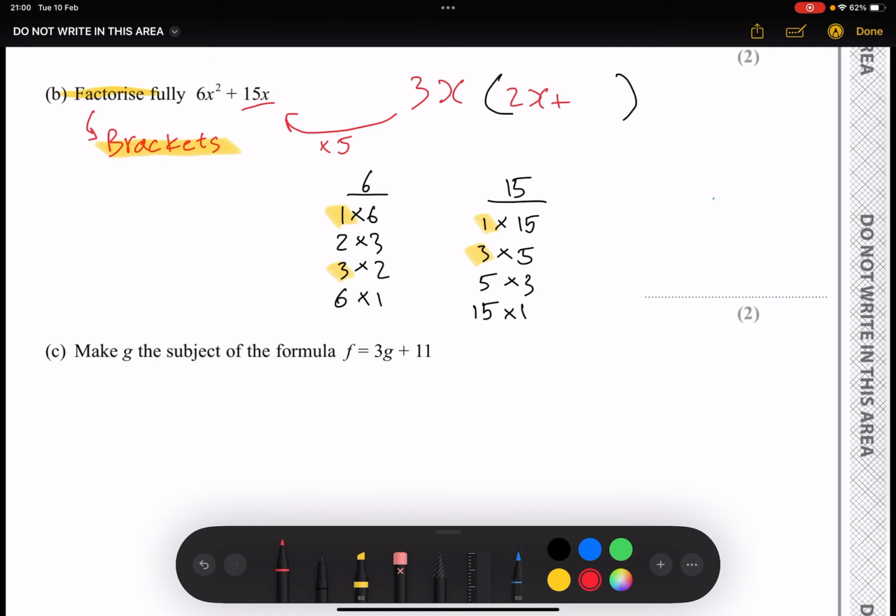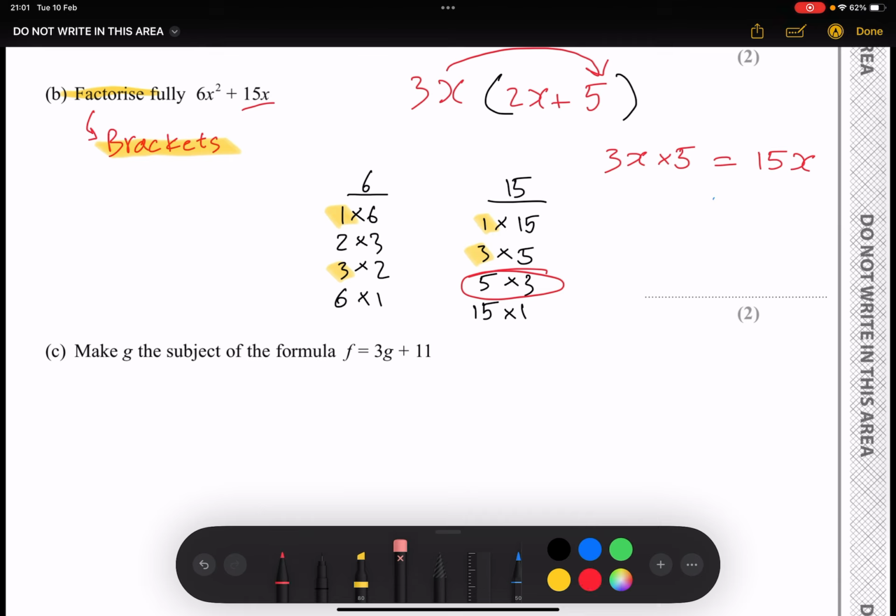So this is how we get 5 times 3 is 15. So we already have the 3. We're going to multiply by 5. So when you multiply this by this, you get 3x times 5. You get 15x.